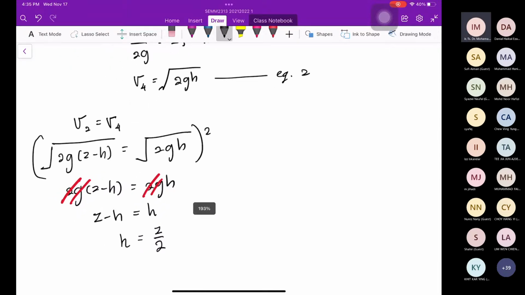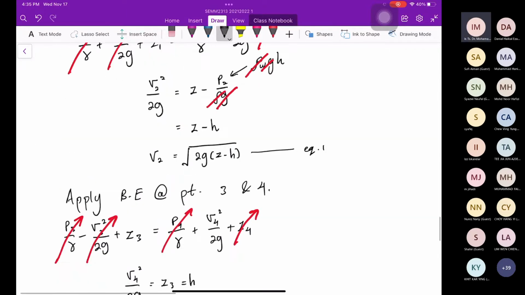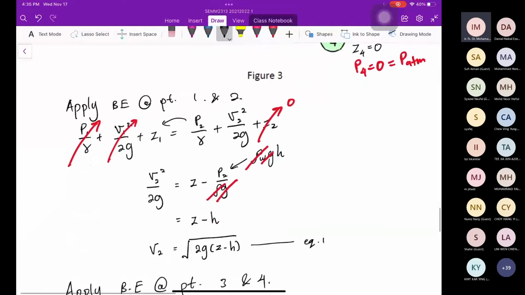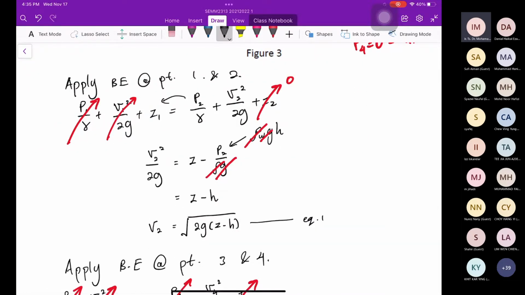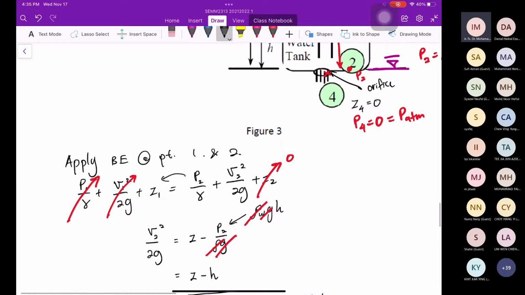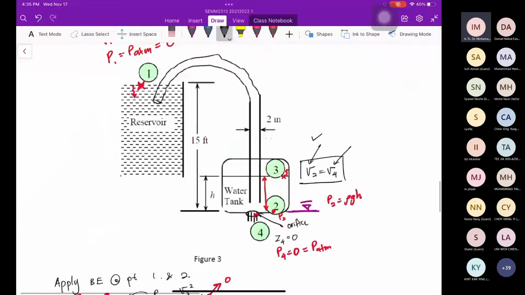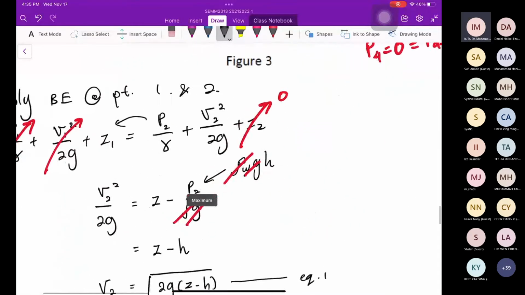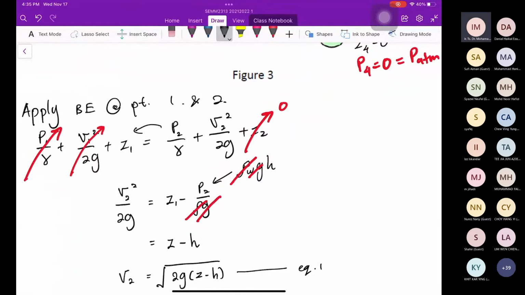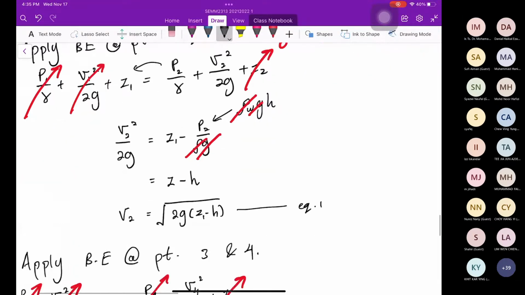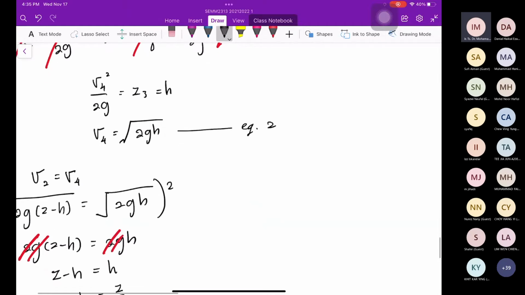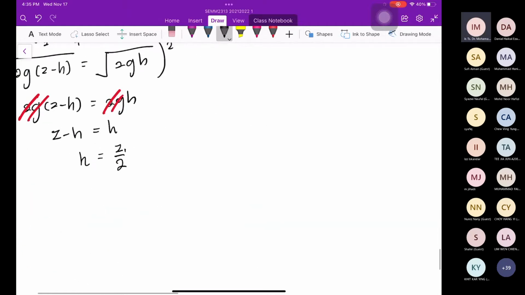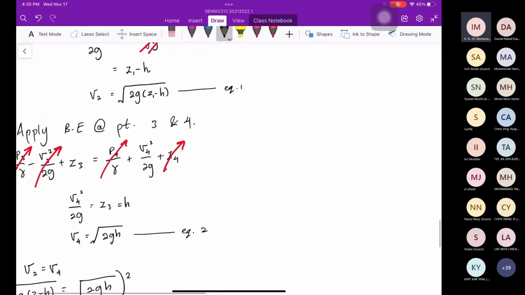This is Z for what? Can you see, this is Z minus H. Which H and Z? This is comparison with Z1, right? This is 1. So, Z1 over 2.